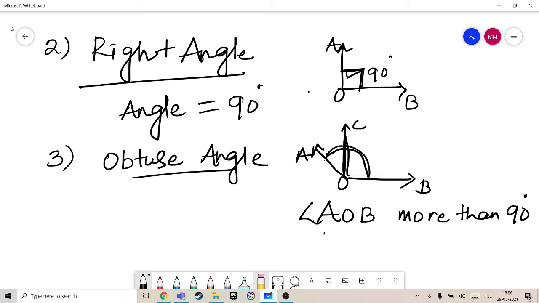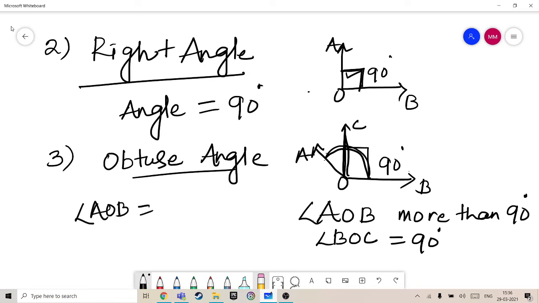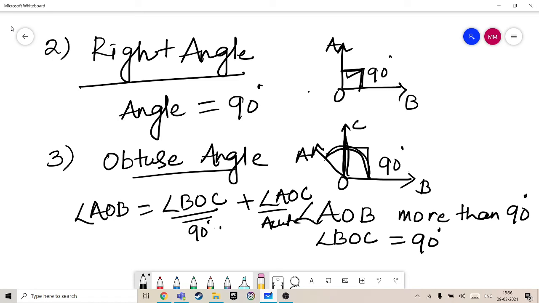BOC is equal to 90 degree, right angle, and AOC is acute angle.